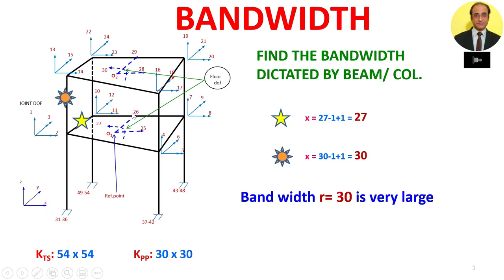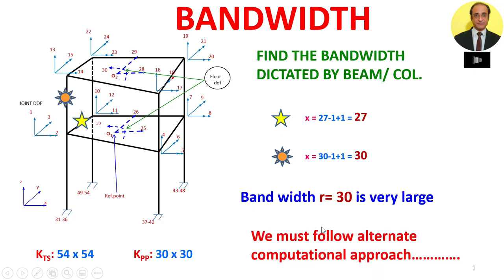As such, we have the highest degree of freedom number 27 and the lowest degree of freedom number 1, and similarly for the other member we have the highest degree of freedom 30 and the lowest degree of freedom 1. So this interconnection between the floor and the joint degrees of freedom gives rise to large bandwidth.